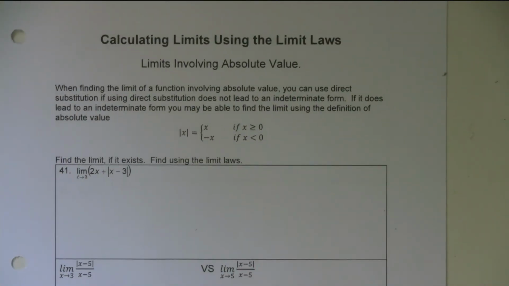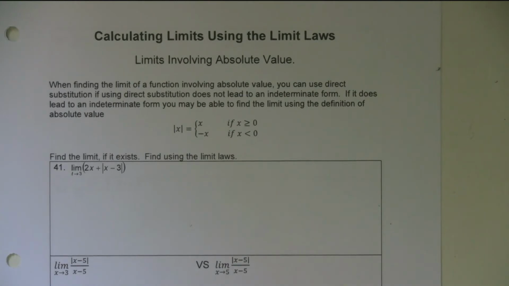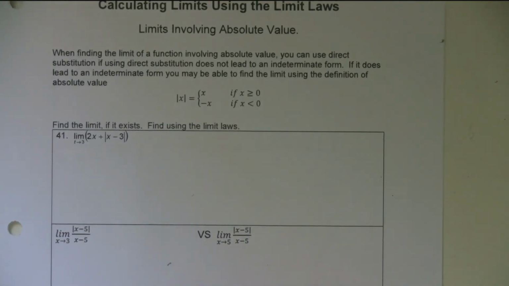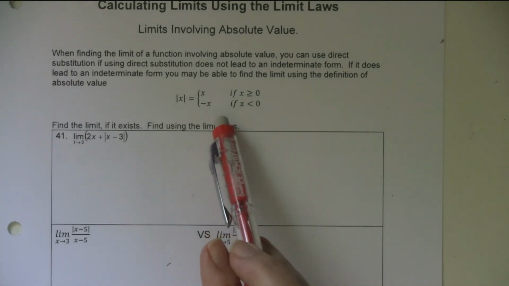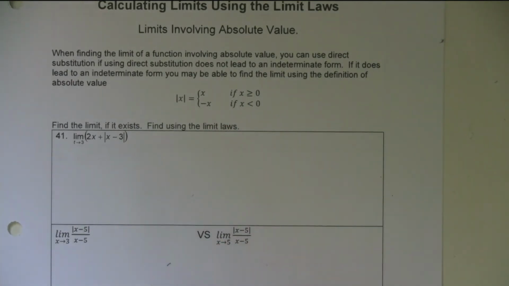this is calculating using the limit laws with limits that involve absolute value. And so sometimes it's necessary, but not necessary on every problem, to rewrite it using the definition of absolute value. And so sometimes that's very, very helpful, to rewrite it piecewise.